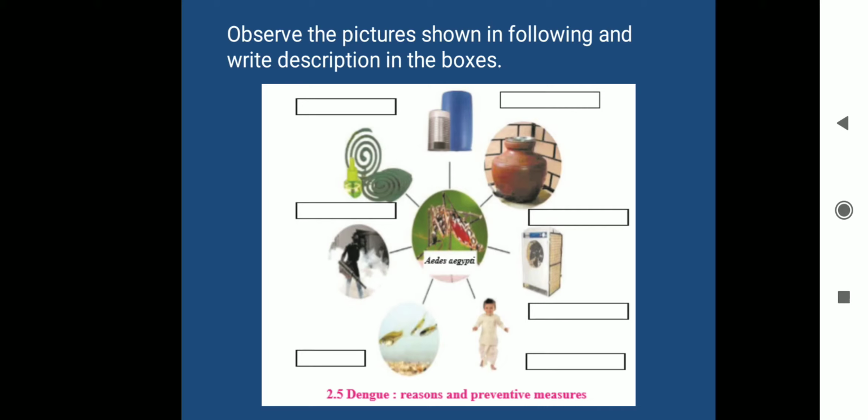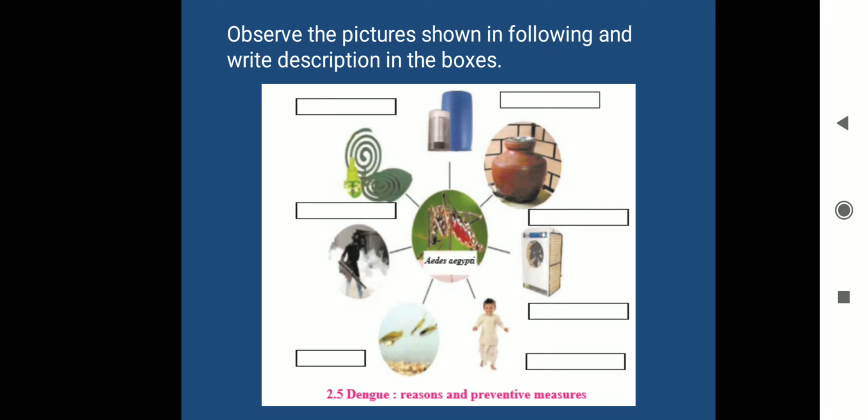We should wear long sleeve shirts and long pants, so it will prevent us from mosquito bites. Throw away, turn over, empty any container, cooler, tire that accumulates rainwater, so it will stop the growth of mosquitoes.